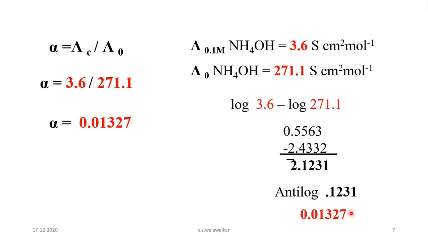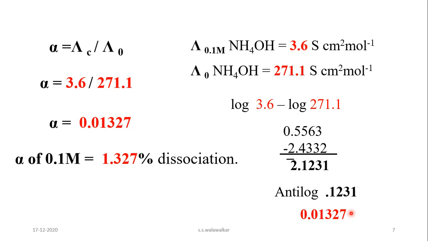So alpha is equal to 0.01327, that is the degree of dissociation of NH4OH at 0.1 molar concentration. In percent dissociation, it is 1.327% dissociation.